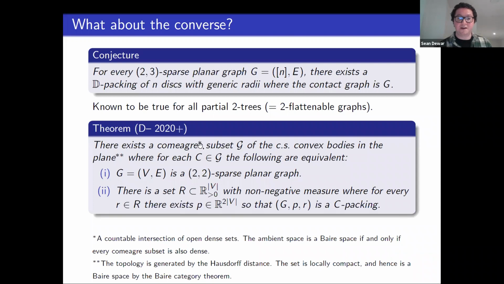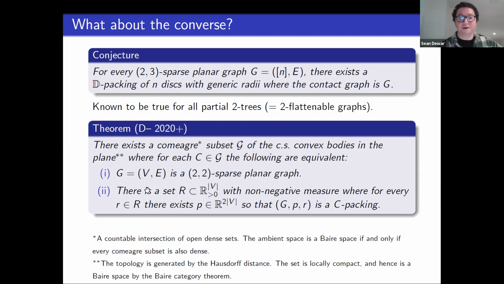So what this says is that there's a co-meager subset of the centrally symmetric convex bodies. I don't have to assume strictly convex or smooth or anything. There's a nice subset of these bodies where we have this equivalence.